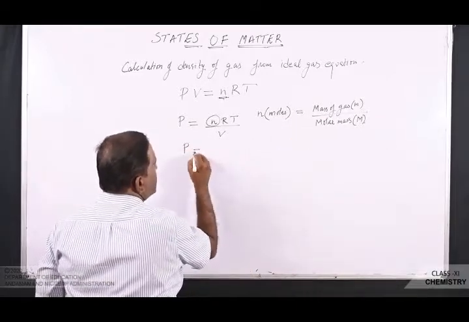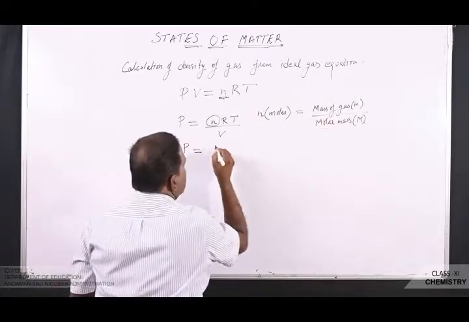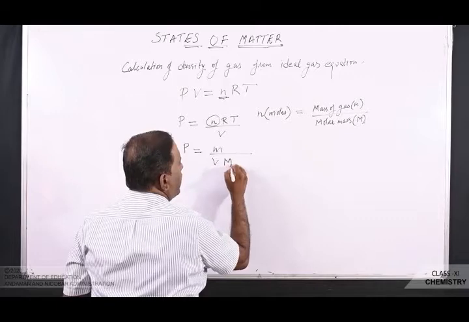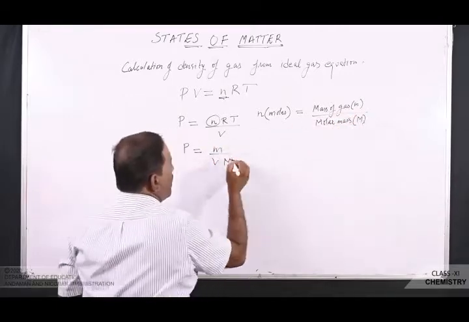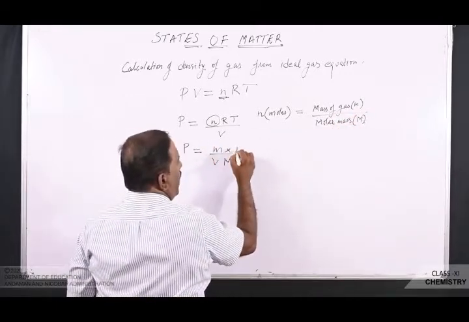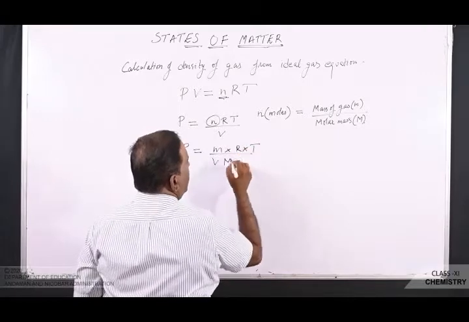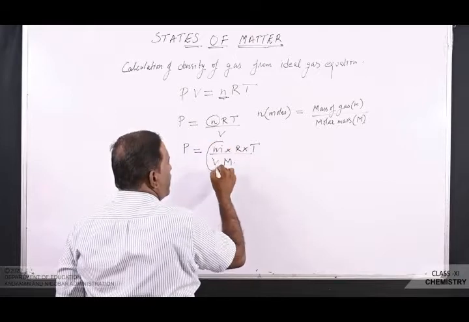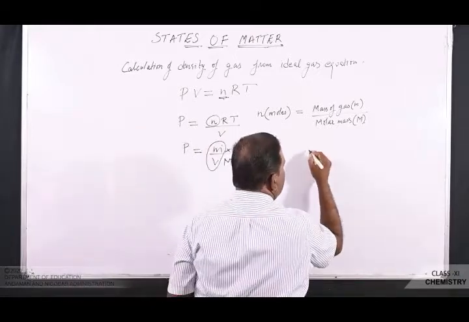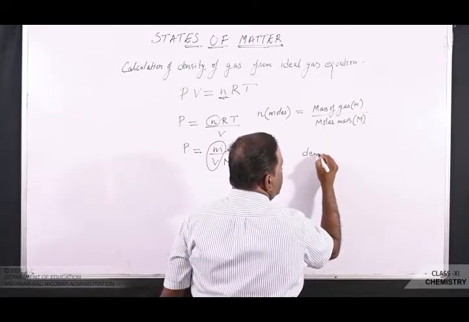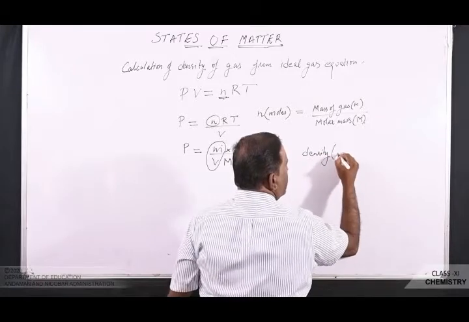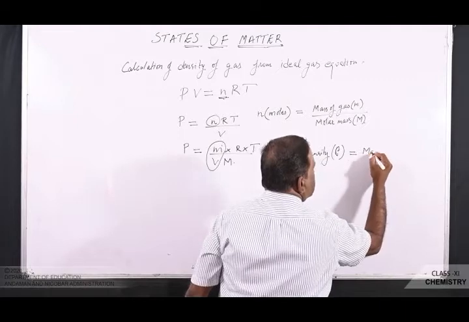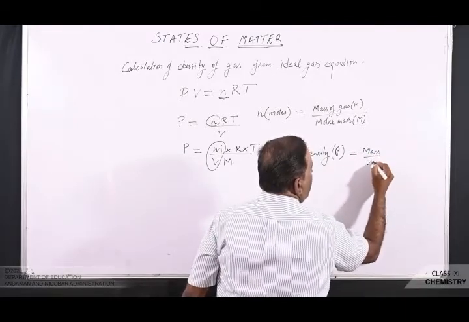So P is equal to m by V, by capital M, into R into T. Now this m by V is nothing but mass by volume, and we know density is given by rho.